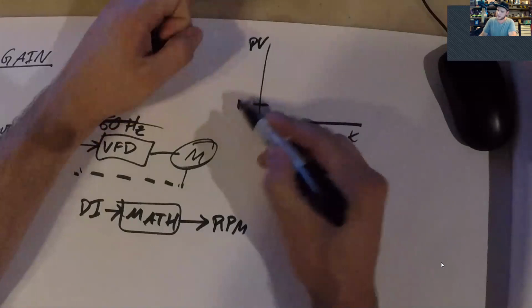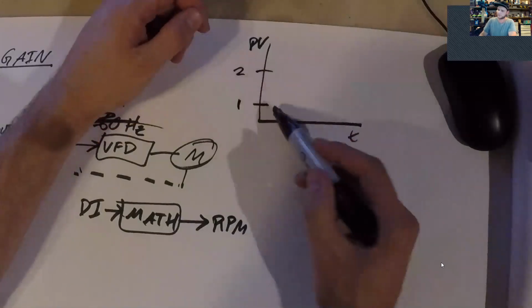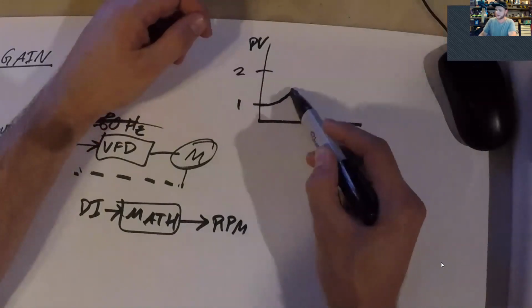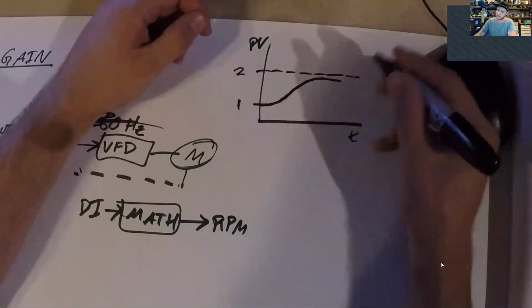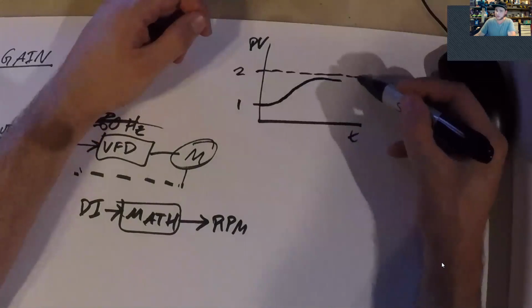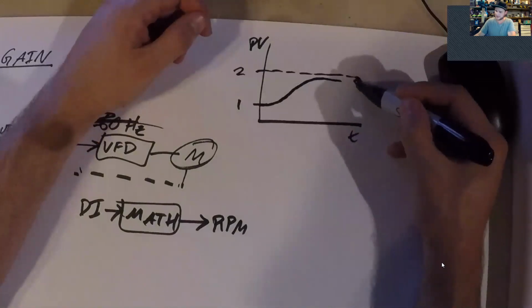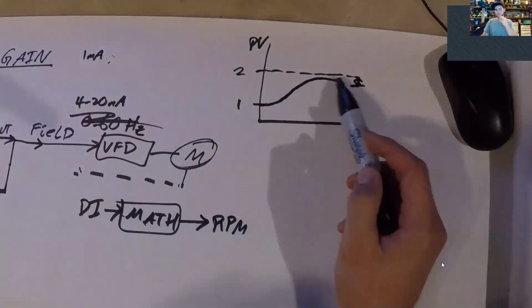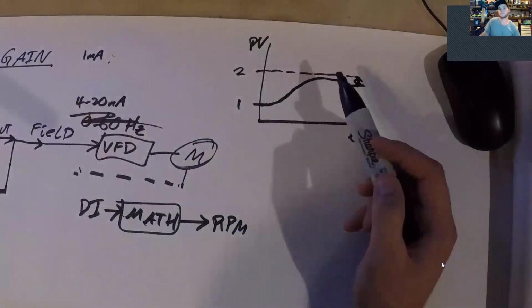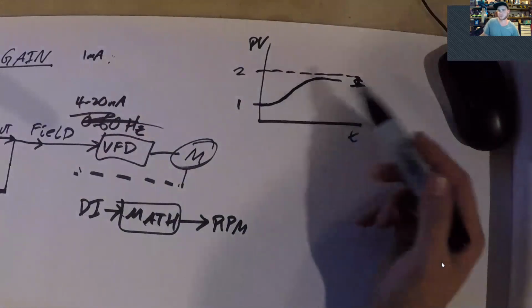So let's say this was 1, and you want it to be 2. Your system will respond, but if it's just straight proportional, there's always going to be some offset between your set point and the actual field value of what it reaches if you just use a straight proportional controller.